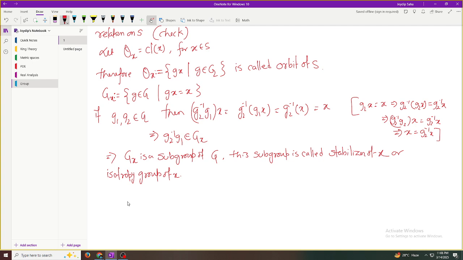So now one observation, or you can say theorem, note that let G act on a set S. G means G is a group, okay.